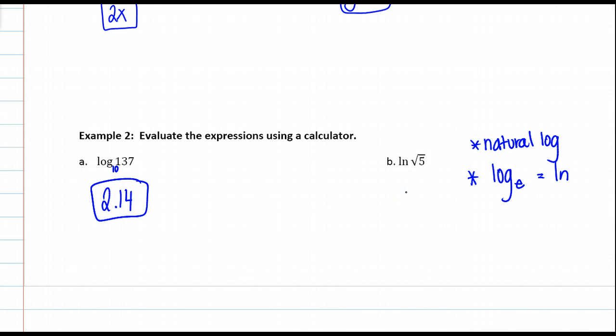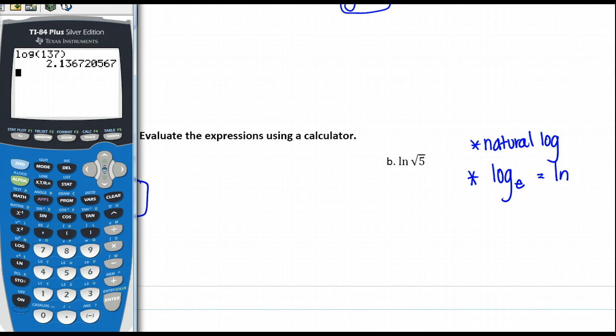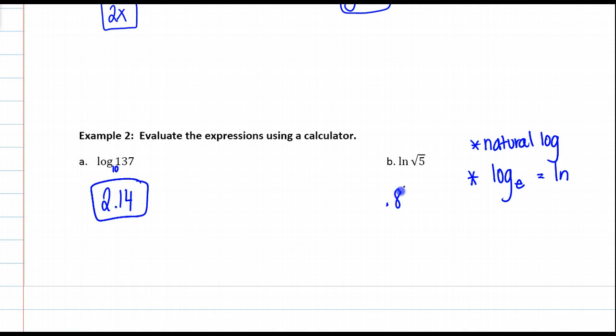Either way is fine, but it's more mathematical to write it as natural log. So there's also a natural log button. It's right under the log button, and I'm going to type in square root of 5. I'm going to get out of the radical, close my parentheses, and I get 0.805.